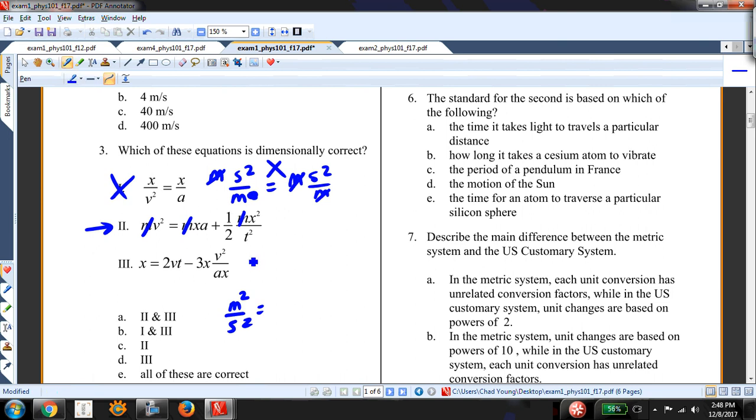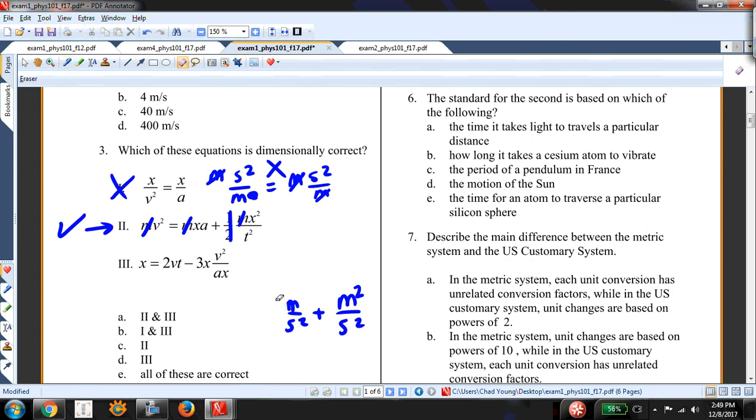So then I have meters per second squared. That's x times a. So far we're okay, meters squared per second squared. And in this last part, notice the half doesn't have any units, and so this is meters squared per second squared. Ding, ding, ding, that one is okay, because I have meters squared per second squared here, here, and here.